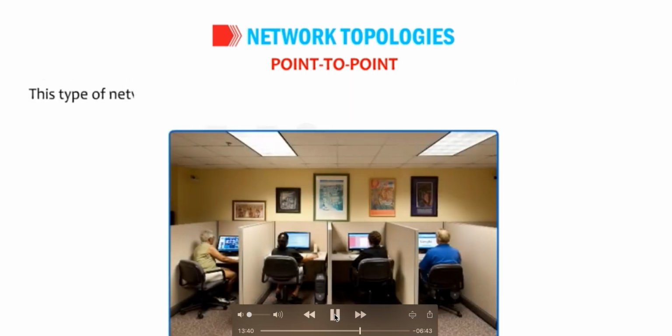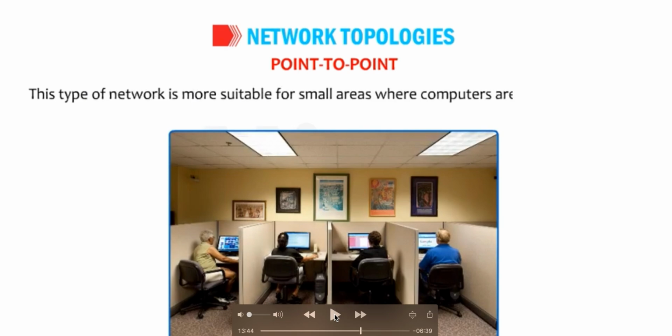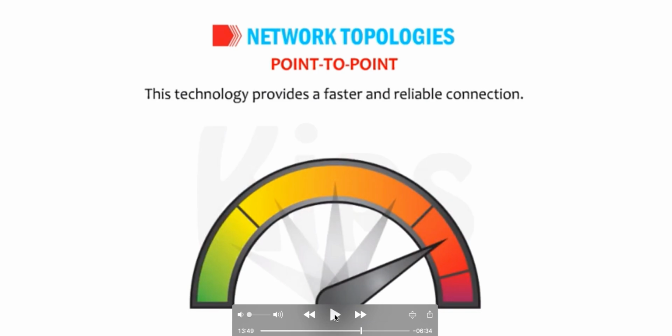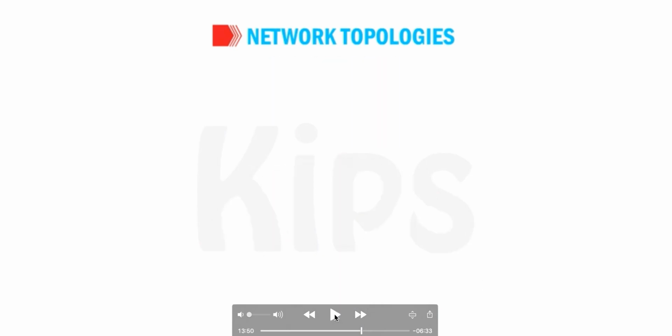This type of network is called a point-to-point topology. It is most suitable for a small area where computers are in close proximity. This technology provides a faster and reliable connection, isn't it?